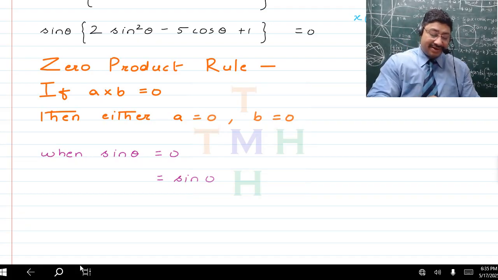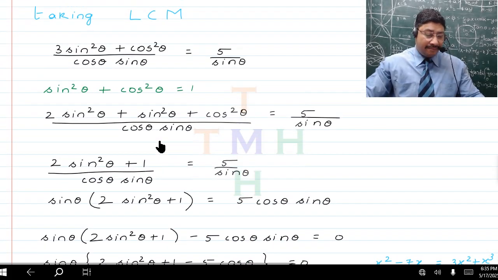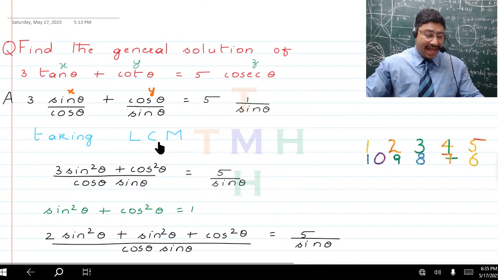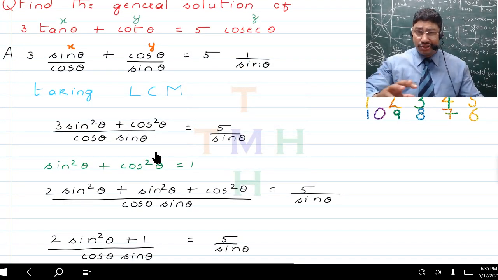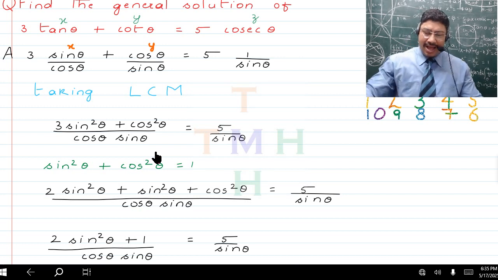In that case, we get the value of sine to become equal to 0. As such, here you get one value of theta, that is 0. And like I told you, when the angle varies between 0 and 2 pi, it is said to be the principal solution, right? I'll show you this now.